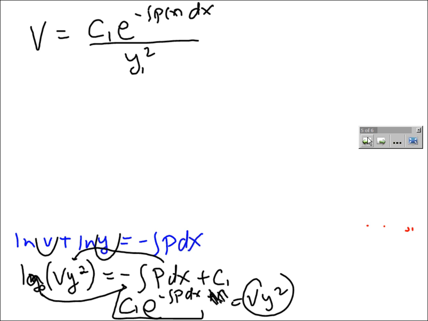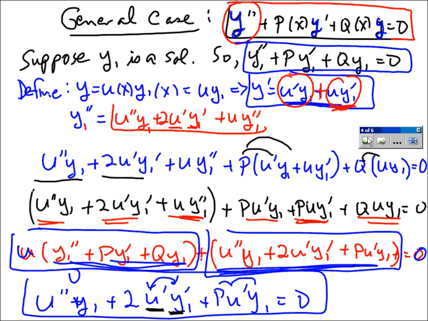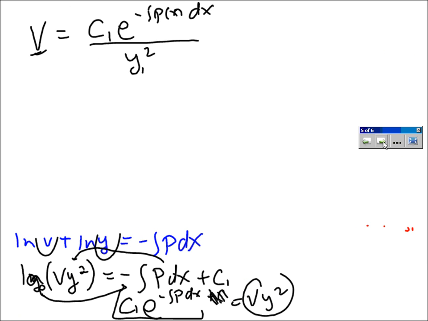For v, but if you look back, v was u prime. So u prime is equal to this.